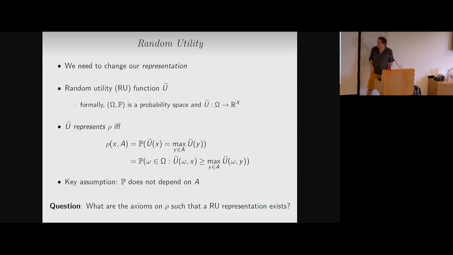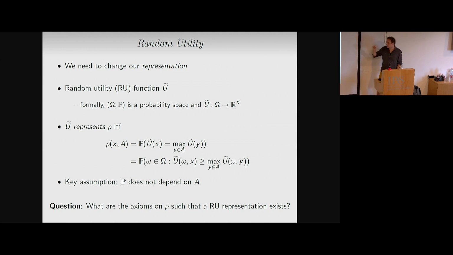When does a random utility represent a stochastic choice function? If the probability of x being chosen from A equals the probability that the agent finds it optimal to choose x from A. So on different occasions, the agent will draw different utility functions. Different omegas will be drawn.